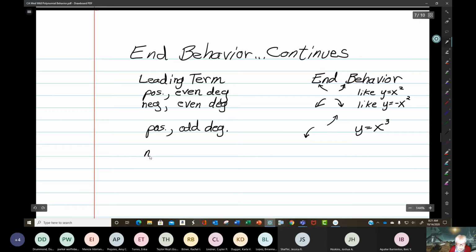And if the leading term is negative and of odd degree, it'll be the opposite.